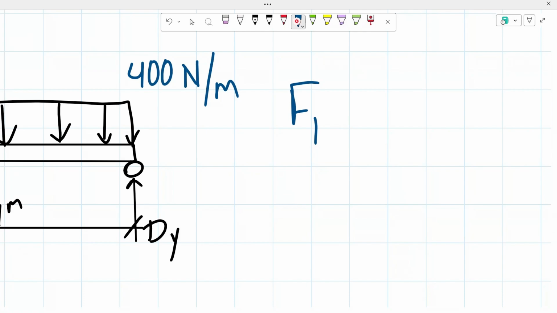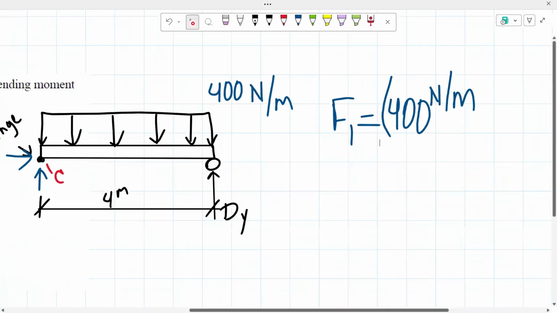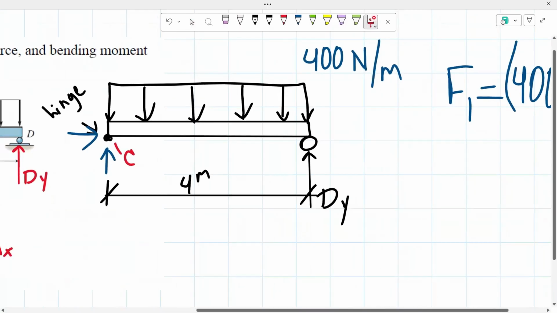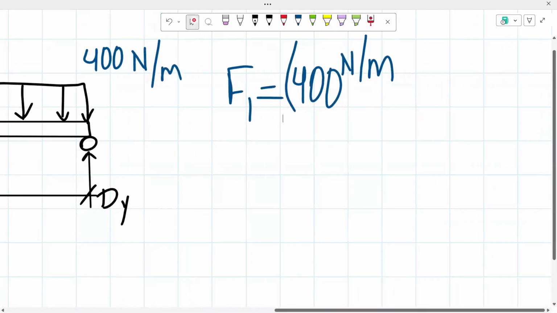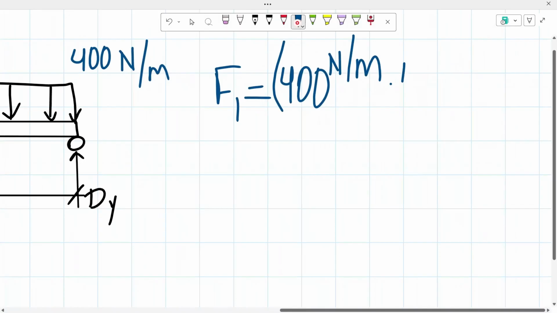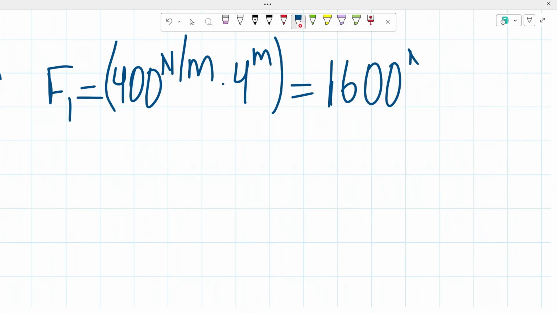I'm going to multiply 400 newtons per meter by the span of the whole loading, which happens to be the whole member, so 4 meters, and that should give you 1,600 newtons, because the meters cancel out.